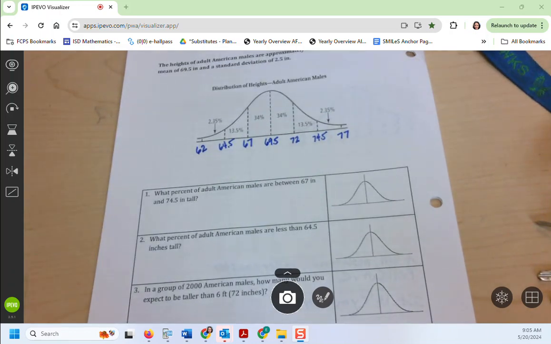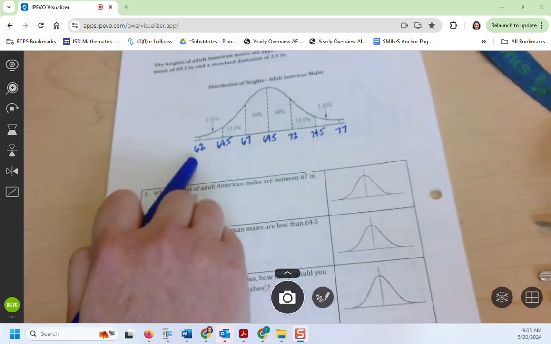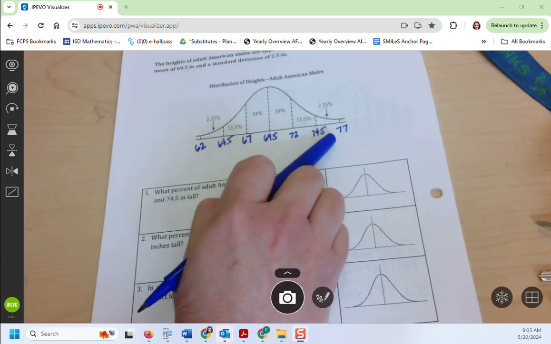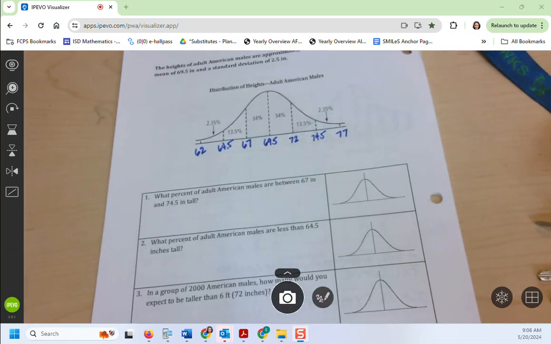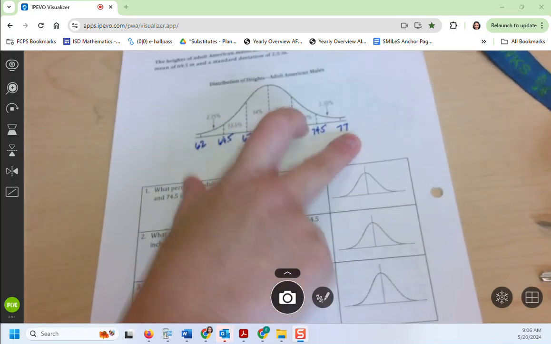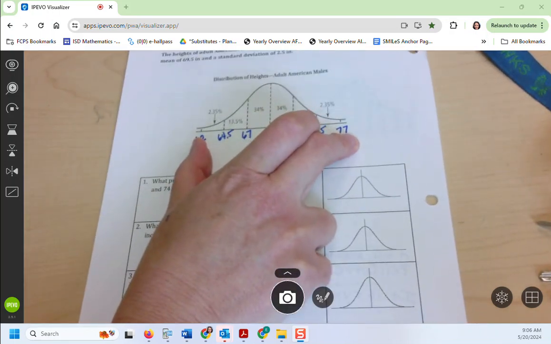Okay, so 62 inches is 5'2". 77 inches, what's that? 6'5". Okay, so that's saying that almost every American male is between 6'5" and 5'2".